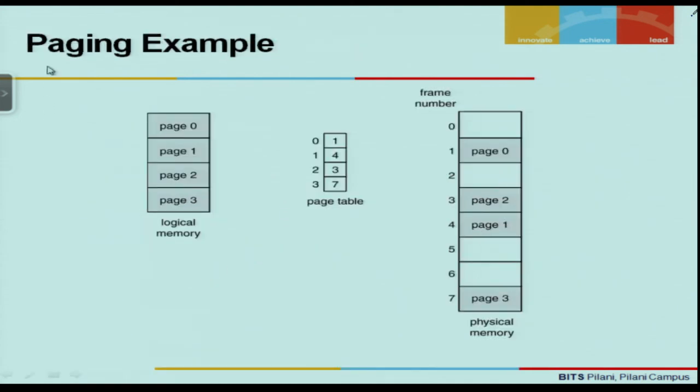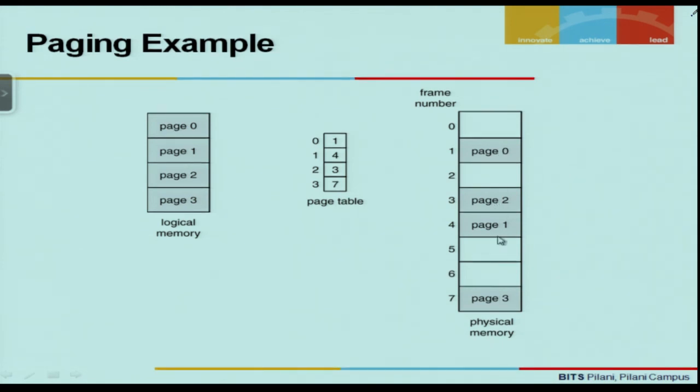For an example, the architecture concept which we had seen previously, we are going to explain with the help of an example. Let's say that we have 4 pages in a logical memory which are to be placed in the physical memory.